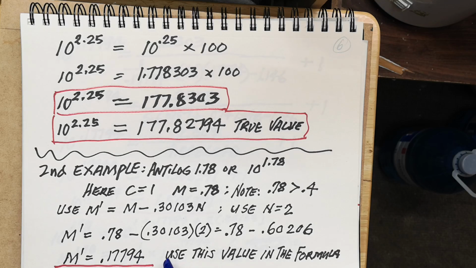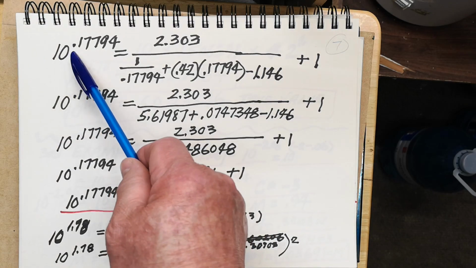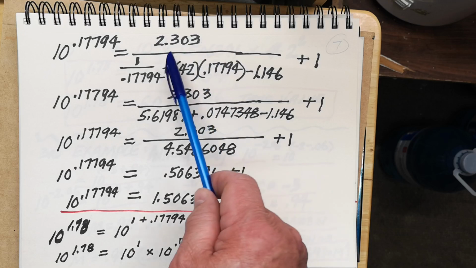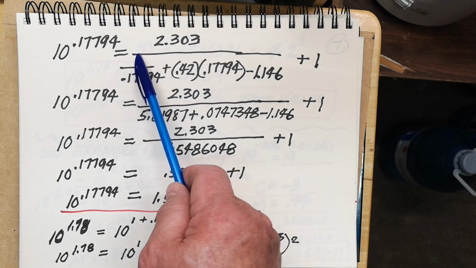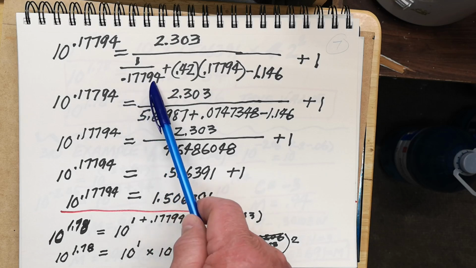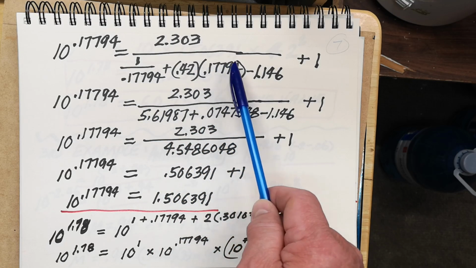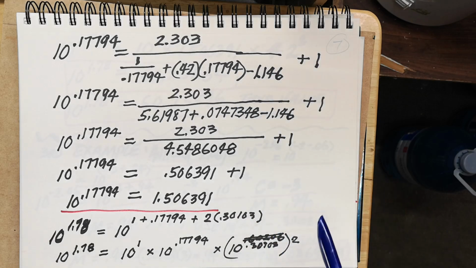So we use this value in the formula. 10 raised to the 0.17794 is equal to 2.303 divided by (1 over 0.17794 plus 0.42 times 0.17794 minus 1.146), plus 1.